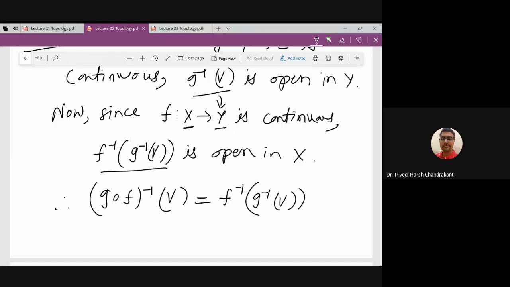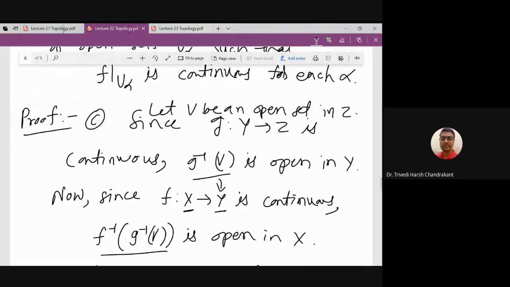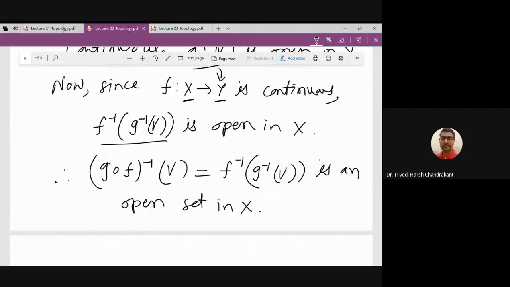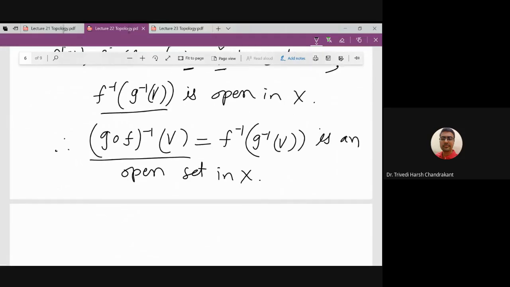And we know this set is open, so this is an open set in X. So what we proved is that we started with an open set V in Z, and for every such open set, the inverse image of V under g composition f is open.